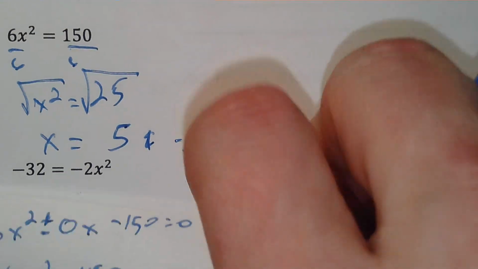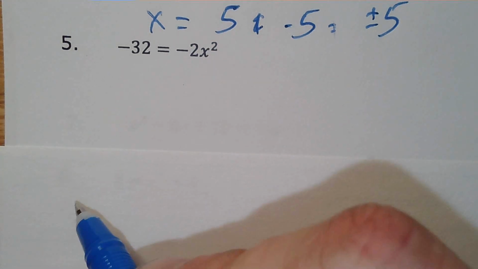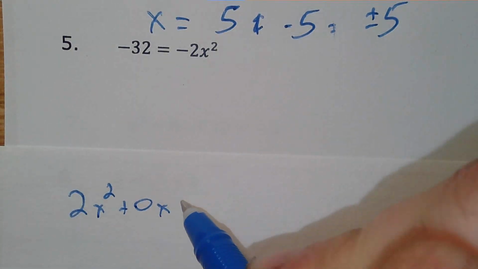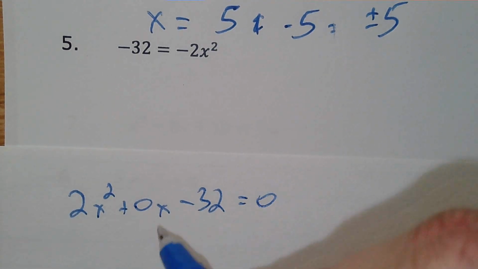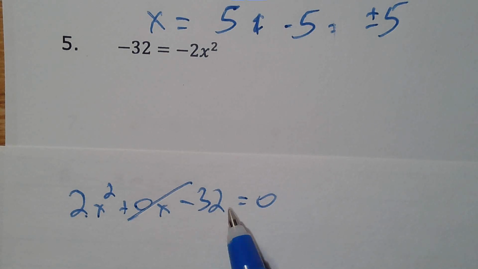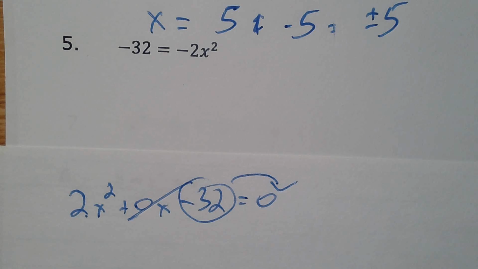Another example is this one right here. This is kind of the same as writing 2x squared plus 0x minus 32 equals 0. Drop that, and they brought this over here to make it negative. So I'm just going to keep it like this, but bring this over here to make it positive.